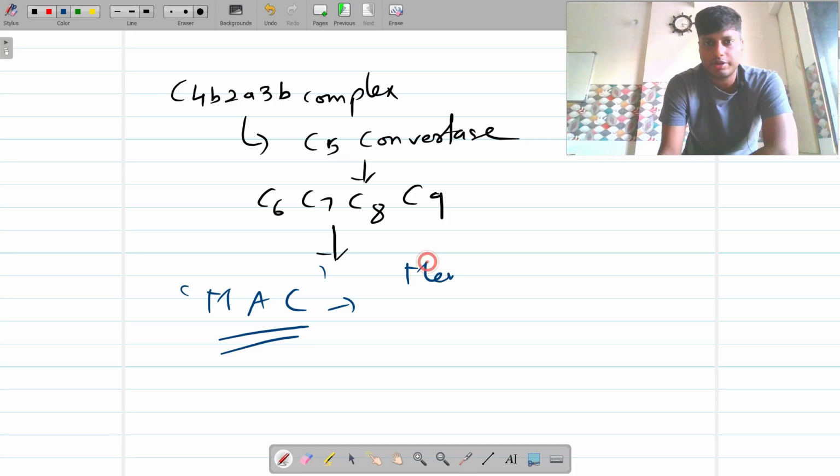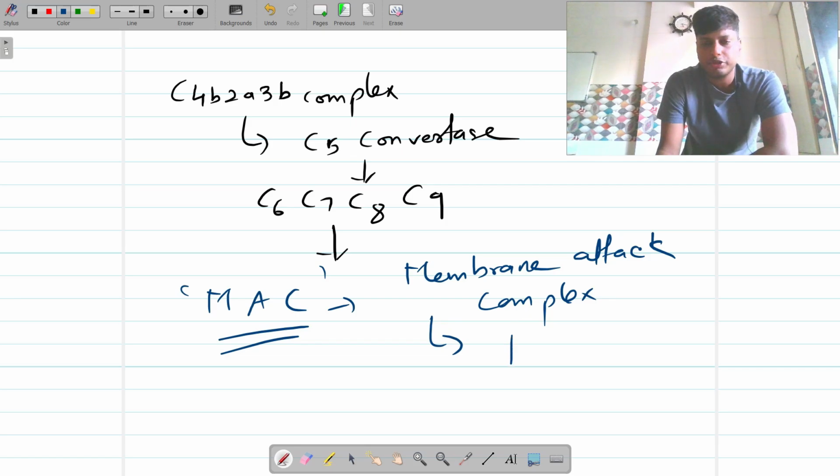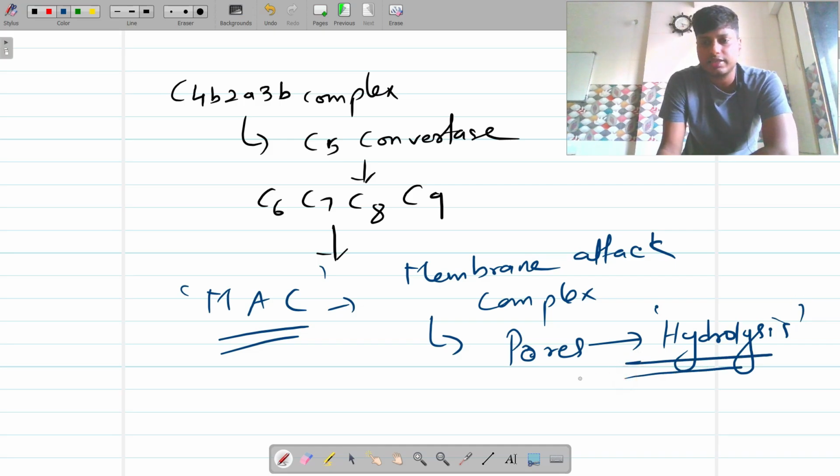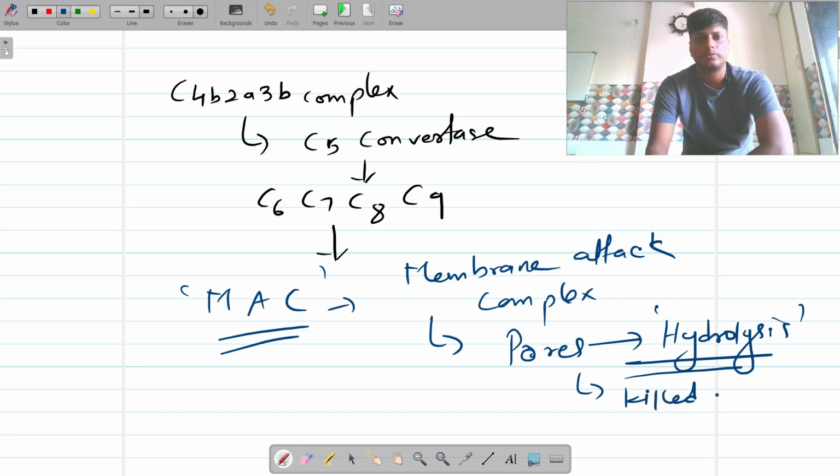Basically it is nothing but the membrane attack complex, and this particular complex ultimately leads to the formation of pores in the cell, and it will ultimately lead to the lysis of the cell, and ultimately the cell will be killed. So this was the complete classical complement pathway.